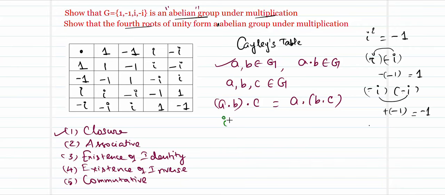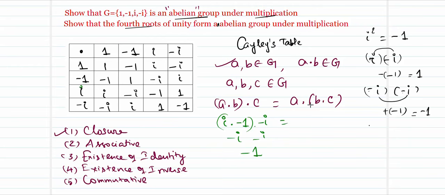So if I take i, minus 1 and minus i, and do the binary operation, i into minus 1 is going to be minus i, and minus i times minus i is going to be minus 1.